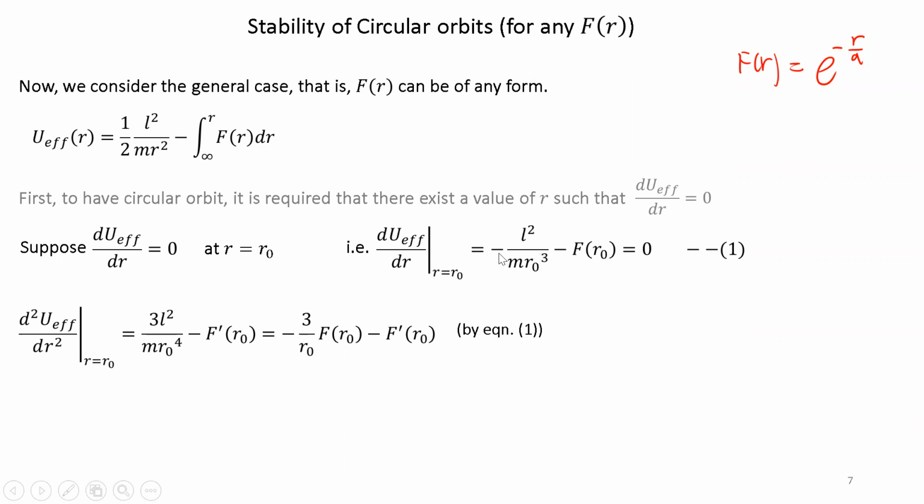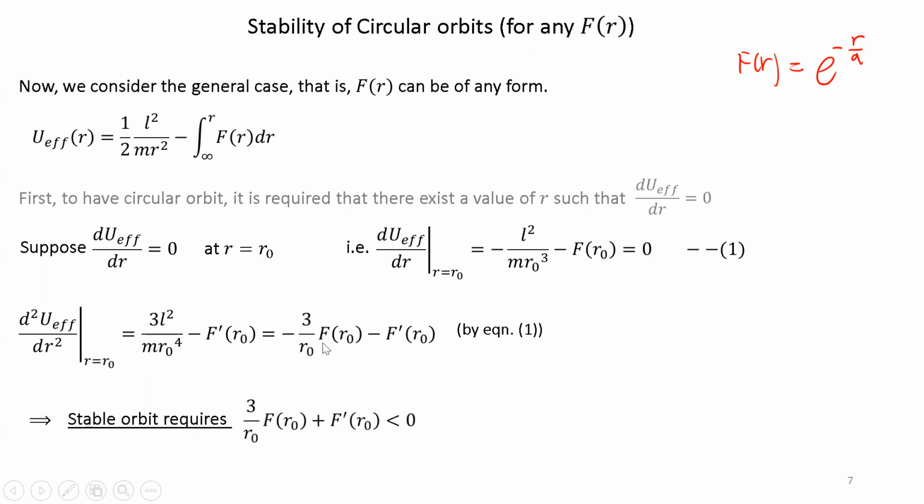So with that, if I take the second order derivative, I have this expression over here, and then this L squared divided by m r naught to the fourth. I can relate this with f of r naught itself, so what I end up having is these two terms added together.